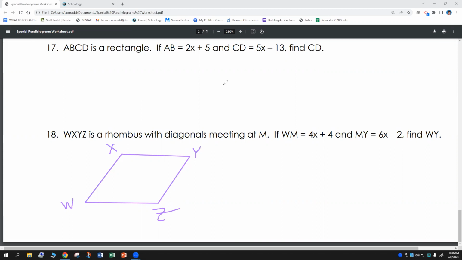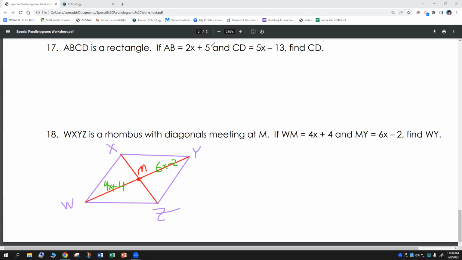We know the diagonals of the rhombus meet at point M. So I'm going to draw on the diagonals, and they're going to meet at point M. All right, WM is 4x plus 4. MY is 6x minus 2. Since this rhombus is a parallelogram, right? All rhombuses are parallelograms. They're parallelograms with 4 congruent sides.